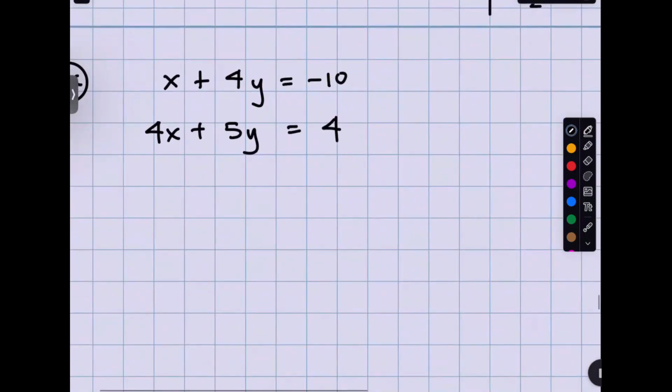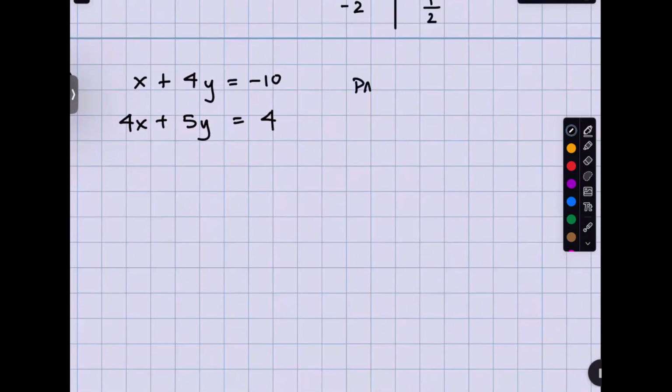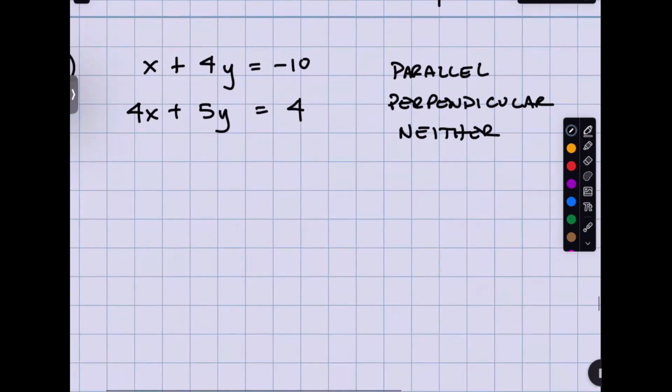Tell me if these two lines are parallel, perpendicular, or neither. So how would I find out if two lines are parallel, perpendicular, or neither?